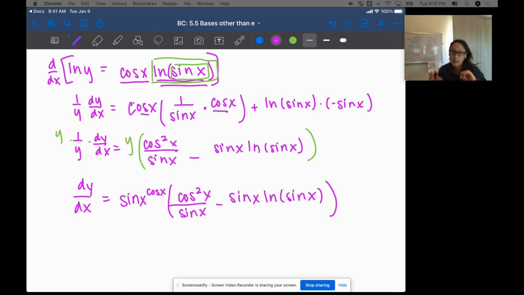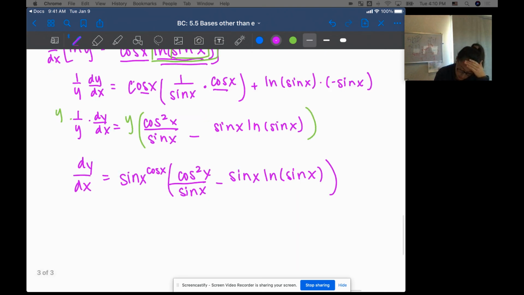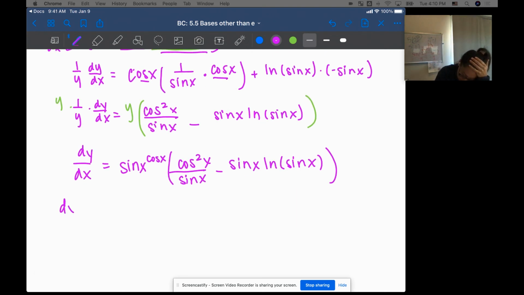Now we're going to take that and evaluate it at pi over 2 to get the slope: dy/dx evaluated at x equals pi over 2. So we start plugging this business in.